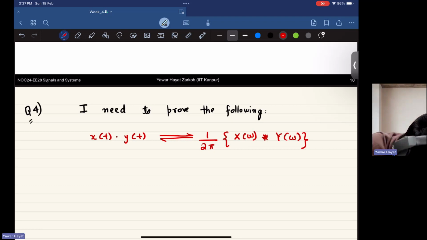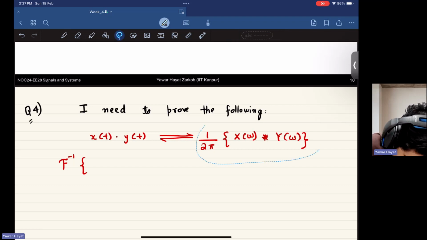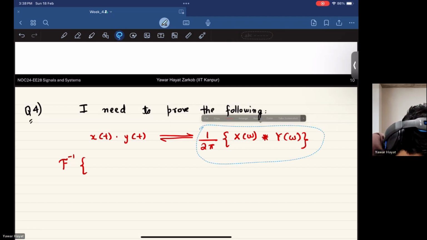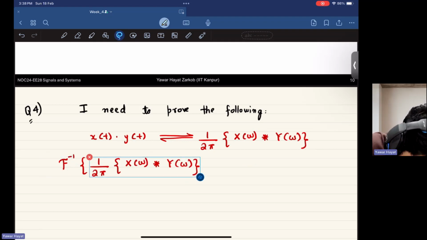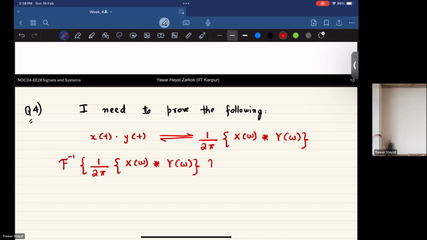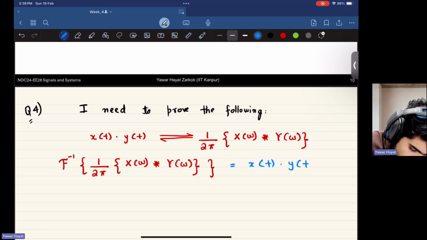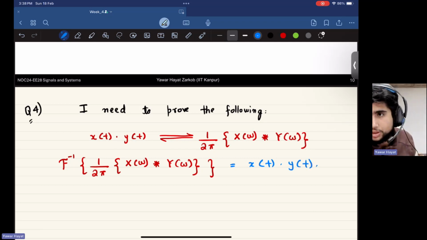So in other words, I need to prove that the inverse Fourier transform of this signal is x of t, y of t, the product of these two signals.